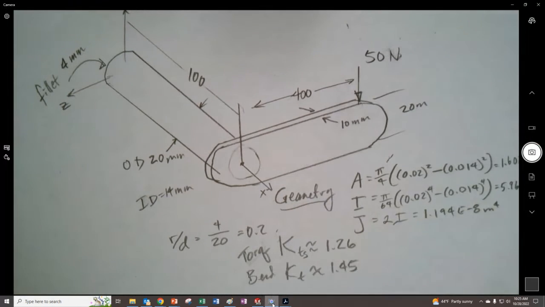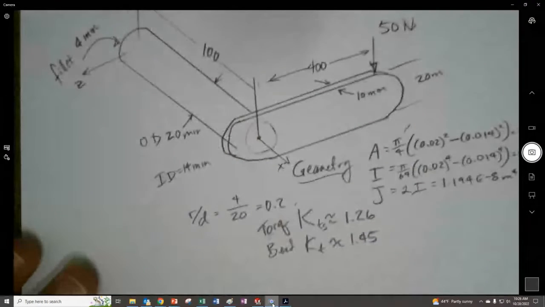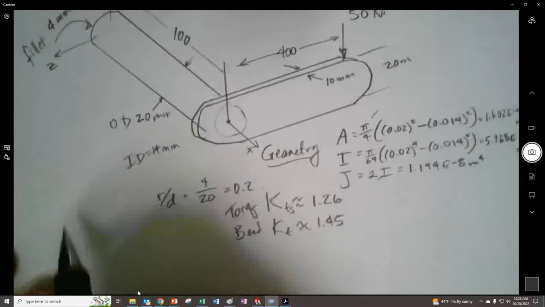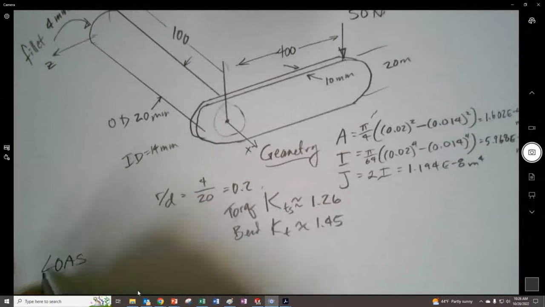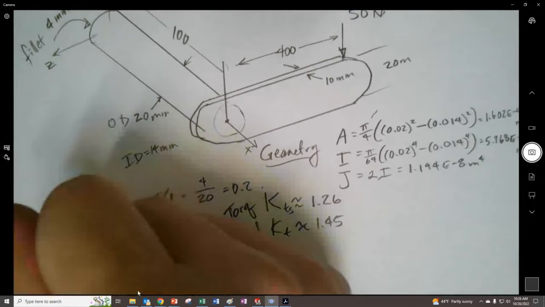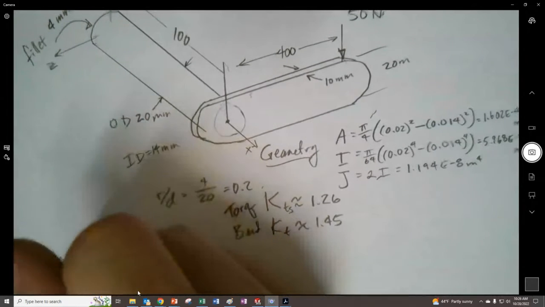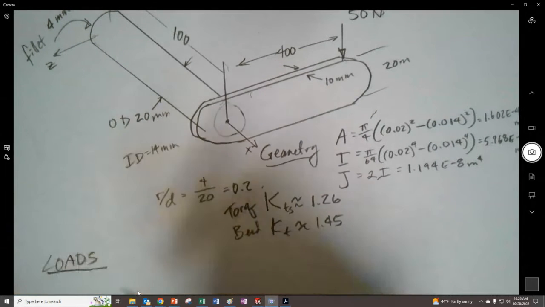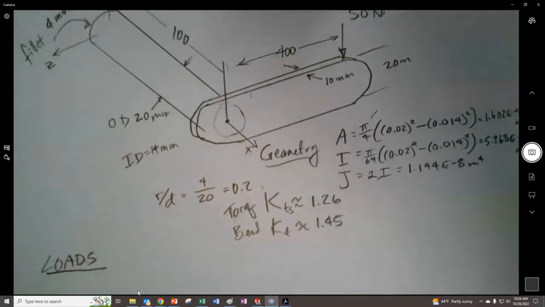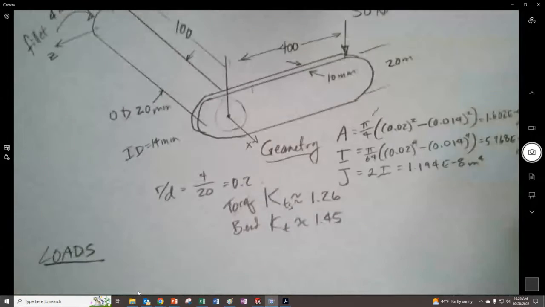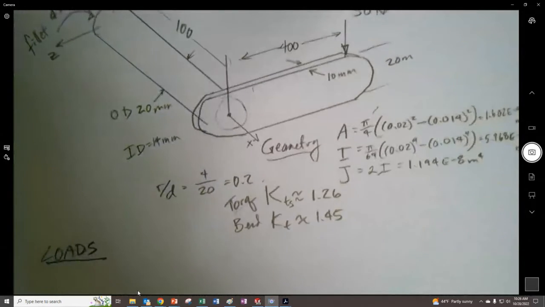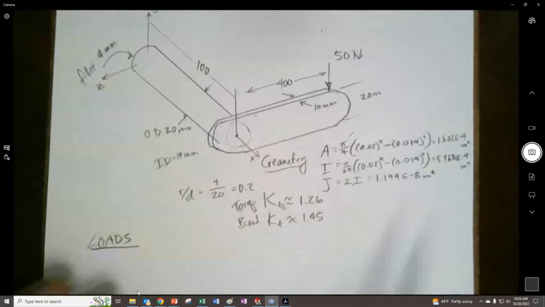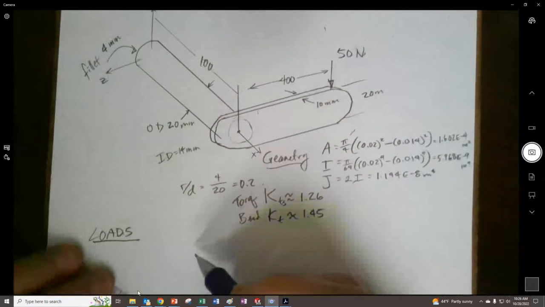All right, so we got the geometry stuff out of the way, and now we want to go to the loads. Loads, wow. Great. Starting off great. Okay. Generally speaking, we should do an FBD based on this. Let me zoom out so I can look at this a little bit.